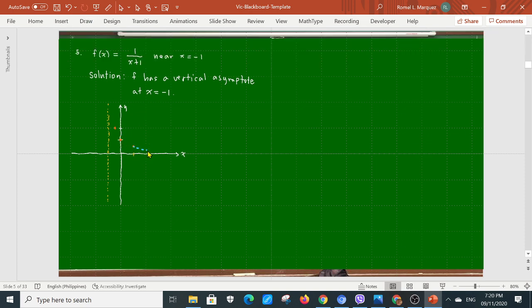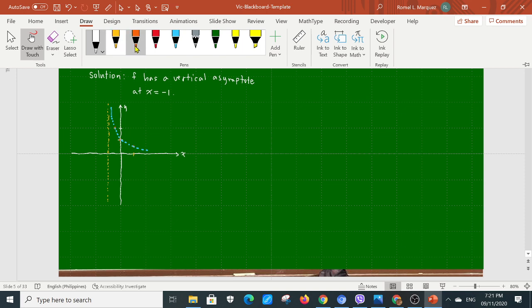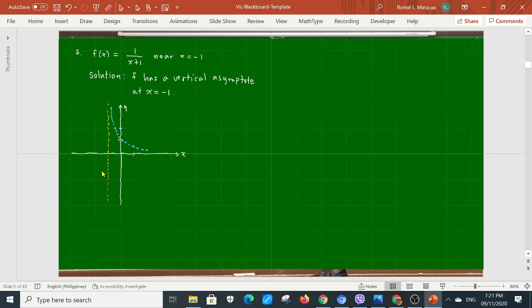Okay, so let's now draw. Let's try to draw a curve. So what about here? Just reflect those values that we had. When we have negative, what value? Somewhere here, negative 2.